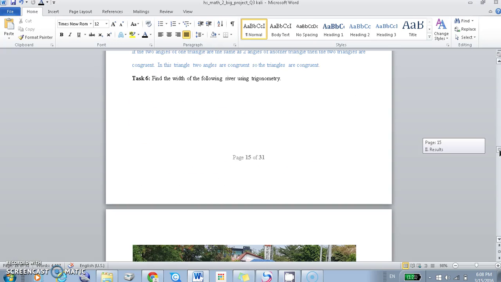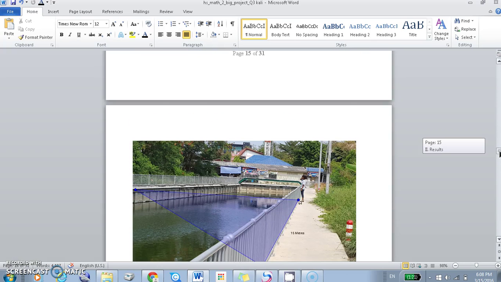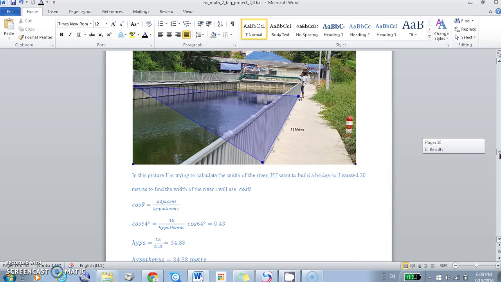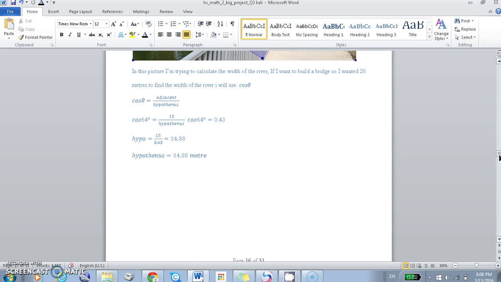Task 6 is finding the width of the river using trigonometry. So what I did is I used the cos formula. If I wanted to build a bridge, I walked 15 meters, it's supposed to be 50 meters, to find the width of the river, I'll use cos. Cos is adjacent over hypotenuse.